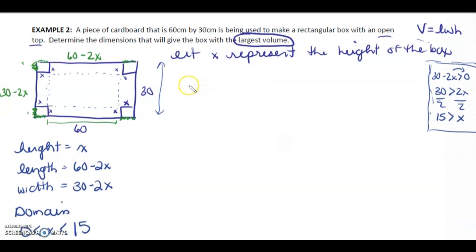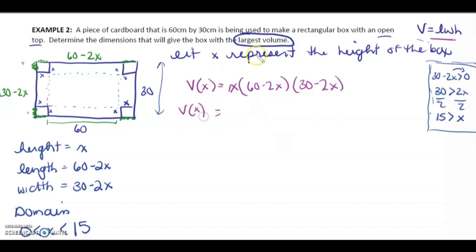All right, so let's start with the equation. So volume at X is going to be length times width times height. Right, so the length, I always put the monomial first, so I'm going to put X, and then the length 60 minus 2X, and then 30 minus 2X. Okay, instead of doing that expanded version of product rule, I'm going to simply FOIL this and then expand the X into this.